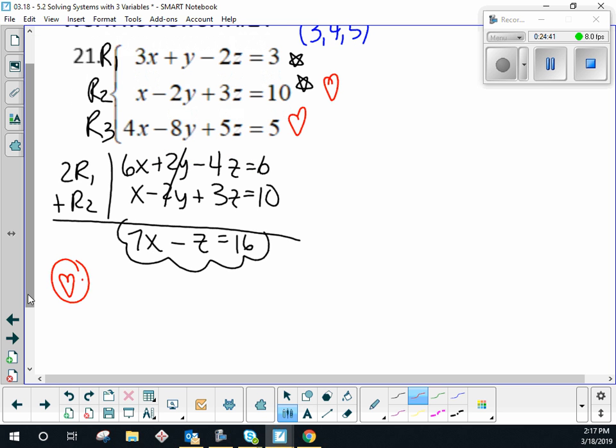Here's what your math looked like then. So this is the star work. So negative 4 times row 2 plus row 3 looks like this.